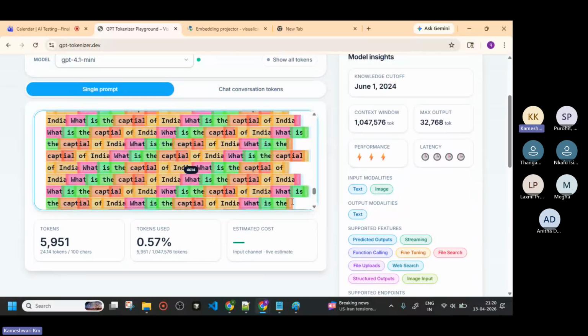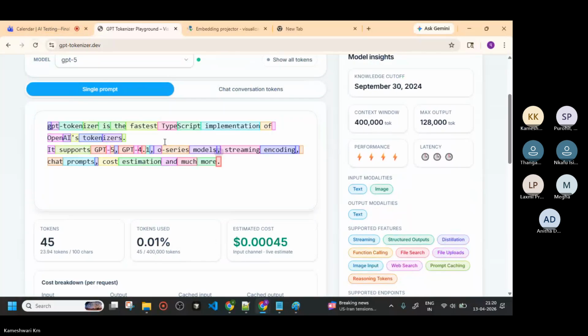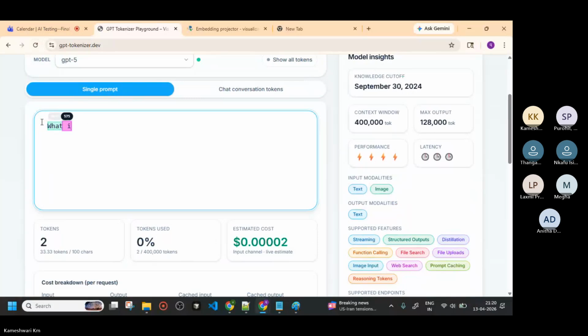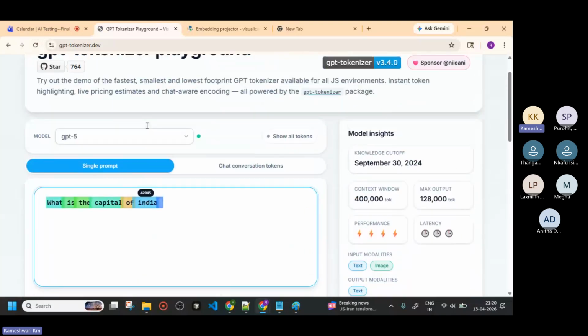Just a minute. Let me refresh. Okay, right now I have received a total of 7 tokens. Let me check with different models.